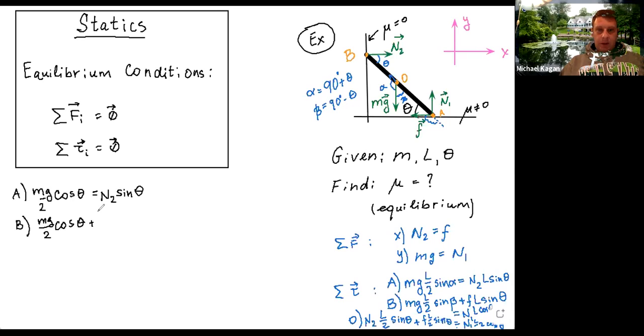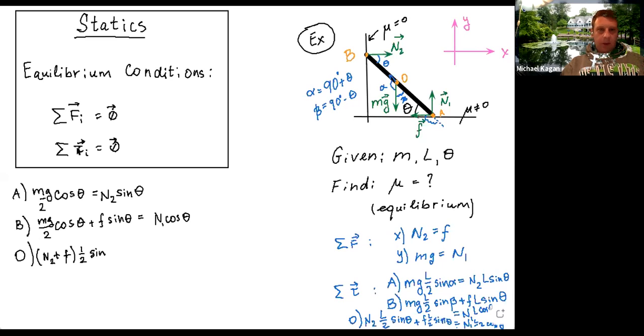Now plus f sine theta equals n1 cosine theta. And the center of mass axis gives us n2 plus f, or we can actually write it as, let's put it f for now, n2 plus f, or 1/2 sine theta.